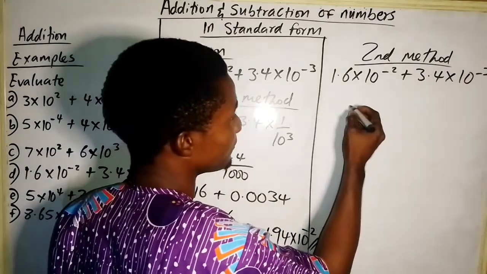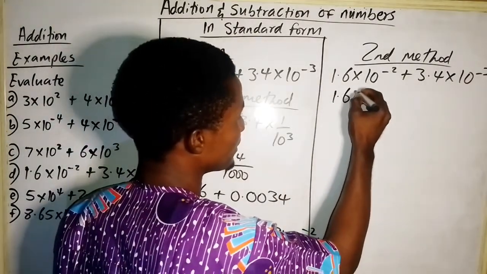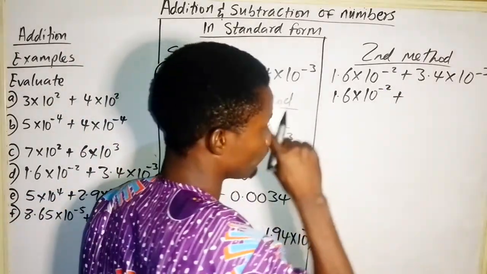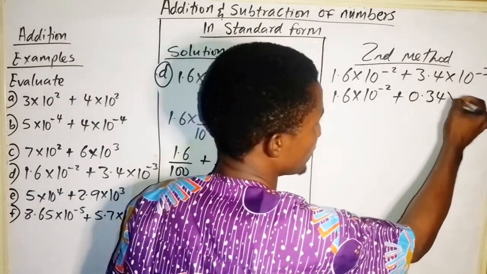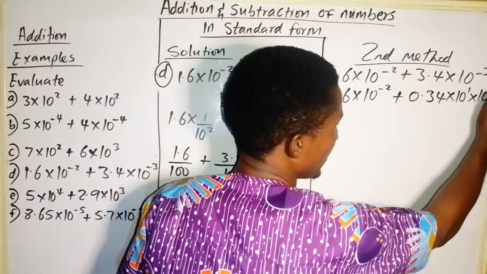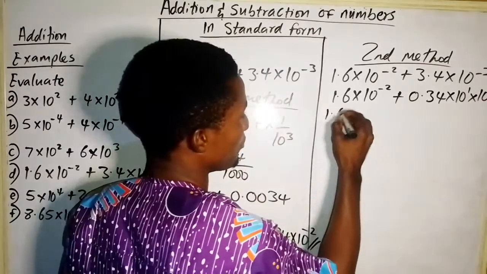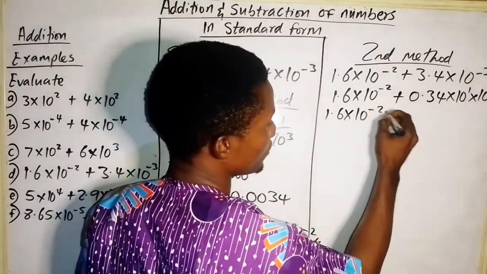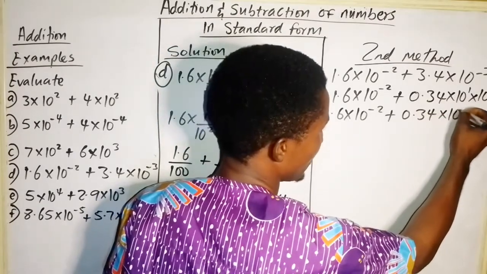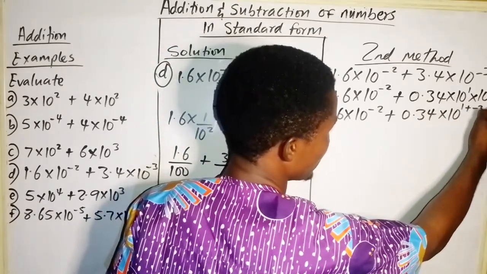So we're going to have 1.6 times 10 raised to power minus 2 plus 0.34 times 10 raised to power 1 times 10 raised to power minus 3. So we have 1.6 times 10 raised to power minus 2 plus 0.34 times 10 raised to power 1 plus minus 3.